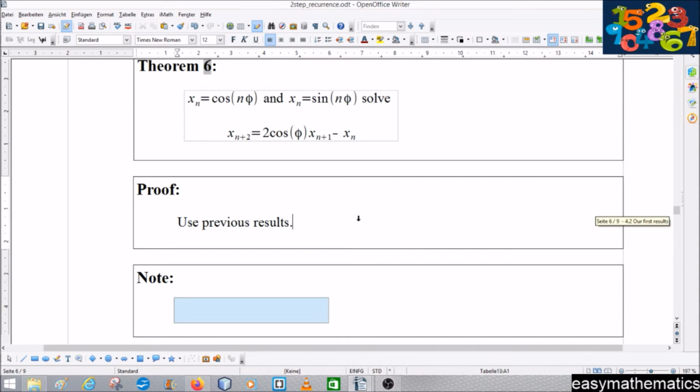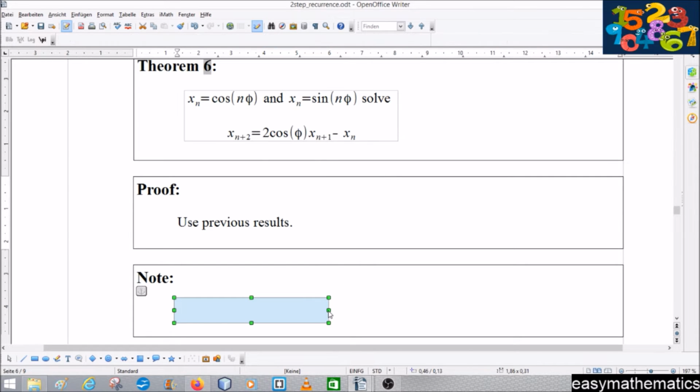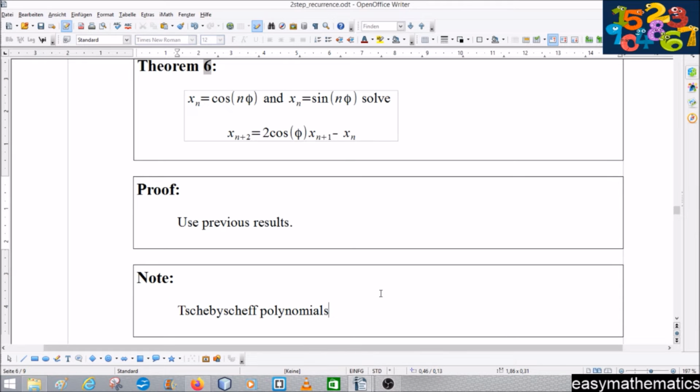And what is very interesting here, this special two-step recursion is exactly the same as for the Chebyshev polynomials. So if you're familiar with Chebyshev polynomials, take a look at that. It's really beautiful. For some reason the Chebyshev polynomials pop up in this case, but we will not discuss them.